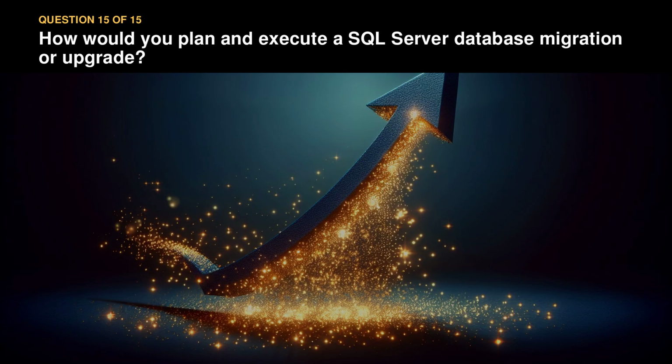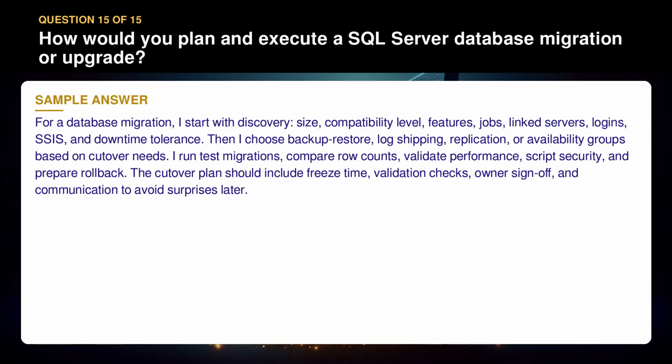Question 15. How would you plan and execute a SQL Server database migration or upgrade? For a database migration, I start with discovery, size, compatibility level, features, jobs, linked servers, logins, SSIS, and downtime tolerance. Then I choose backup restore, log shipping, replication, or availability groups based on cutover needs.